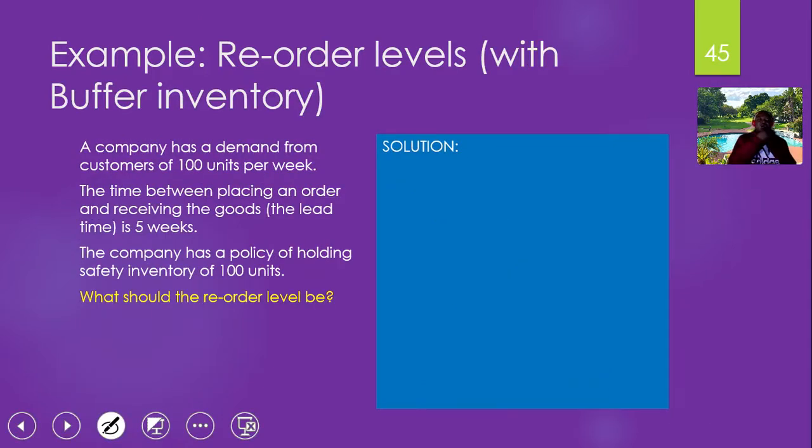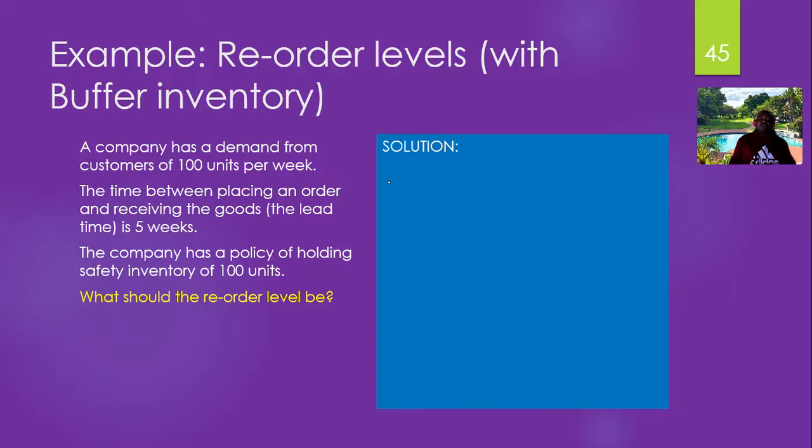A company has a demand from customers of 1,000 units per week. The time between placing an order and receiving the goods, the lead time, is 5 weeks. The company has a policy of holding sufficient inventory of 100 units. What should the reorder level be? In this case, we need to know the initial reorder level.